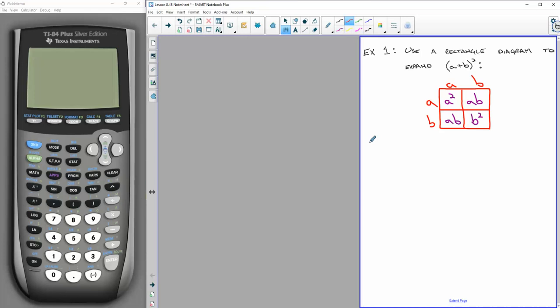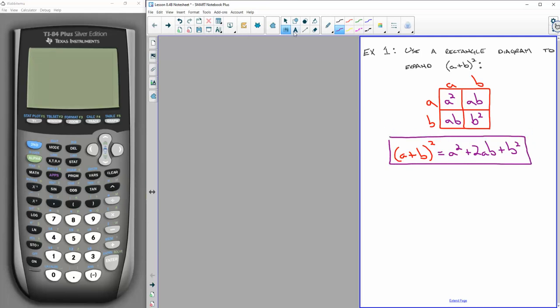So what does a plus b squared equal? In simplified terms, we've got that a squared. We've got ab and ab, which makes 2ab. And then we've got the b squared. So that is the square of a binomial pattern. Maybe we should write that down.